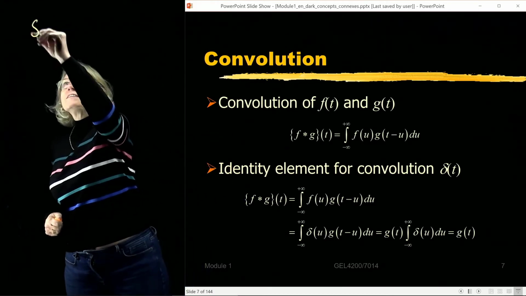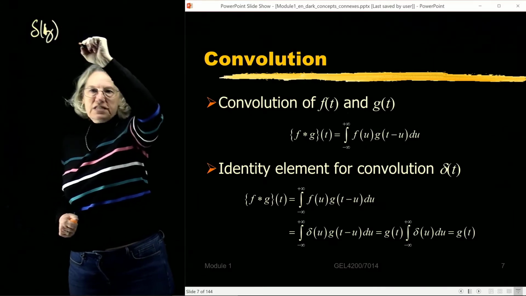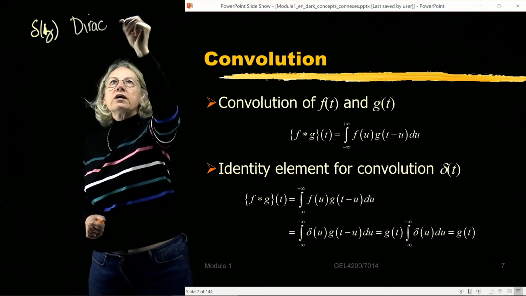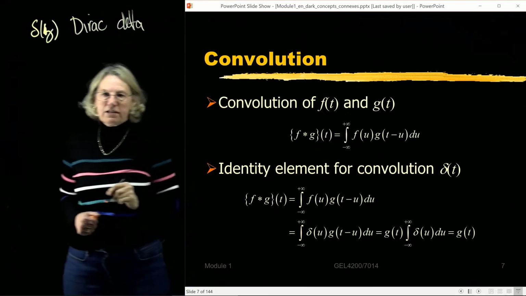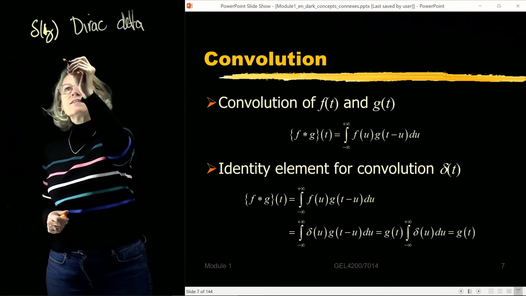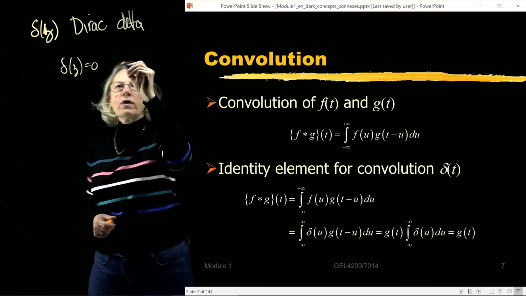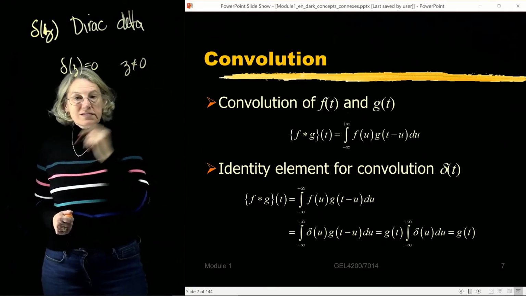So the Dirac delta function, let me make this a function of z. What is the definition of a Dirac delta function? Well, a Dirac delta function is equal to 0 whenever z is not equal to 0. That's one part.